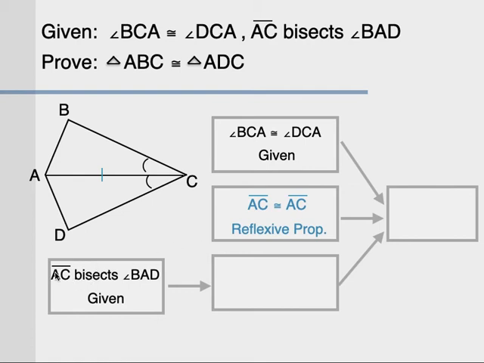Now, remember on the last problem we talked about how whenever you see a word like bisect or midpoint in the given, you want to go highlight what is being bisected or being cut into equal halves. So go highlight angle BAD. So that's the angle that's being cut into equal halves.